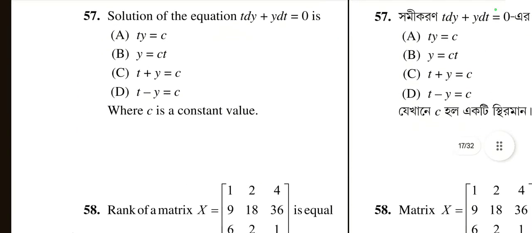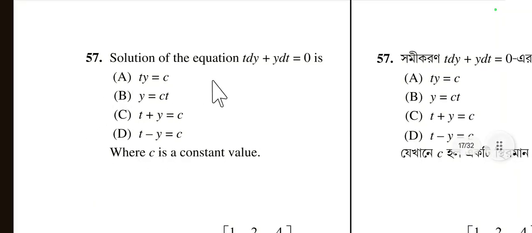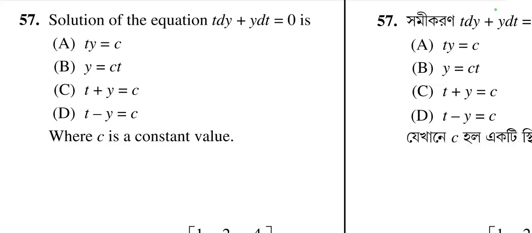Then come to question number 57. Solution of the equation t dy plus y dt is equal to 0. So how do we solve this? t dy plus y dt is equal to 0. We can rewrite it as dy by y is equal to minus dt by t.